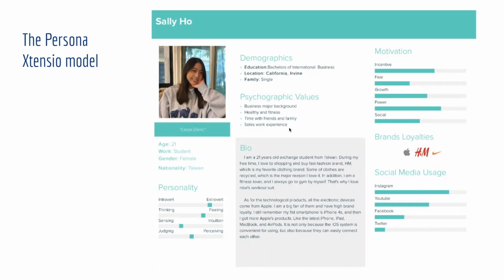There's one mistake here. Usually in a persona, we put an age range. We go like 21 to 27 years old, something like that. We don't say 21 because that narrows it too much. So Sally is going to represent a larger group than just people 21 years old. We can derive this from some informal research we can conduct, and so this is a good tool.